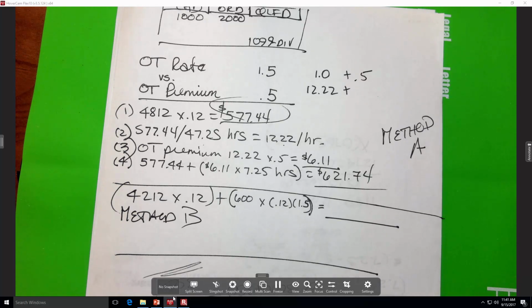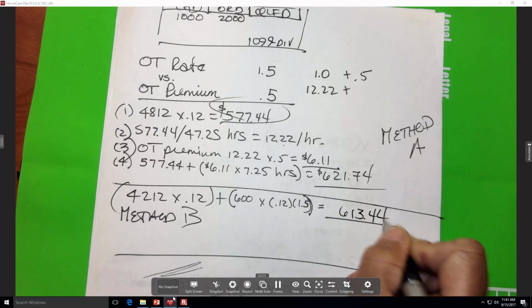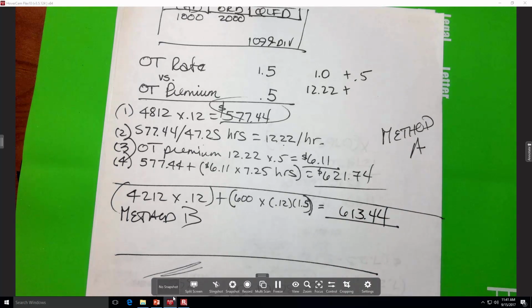So how much did he make in method B? 613.44. Okay, which, if I'm looking at this for reasonableness, I'm like, yep, those numbers look pretty darn close. That sounds reasonable to me.